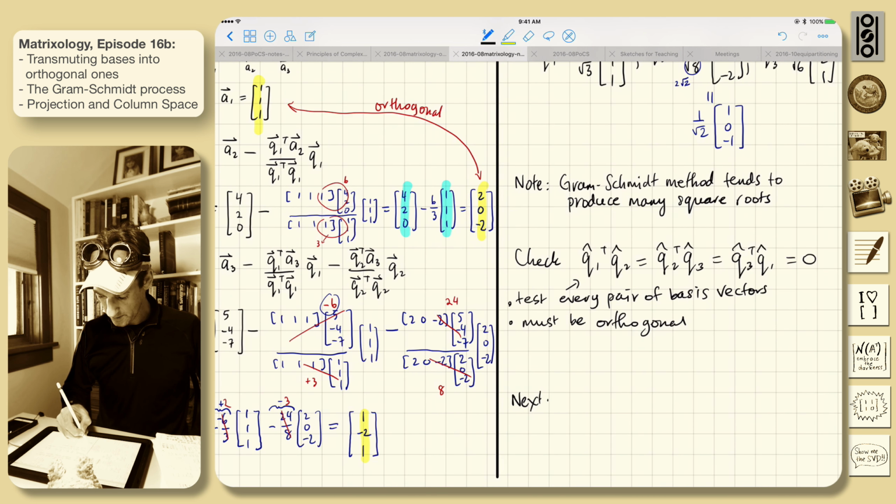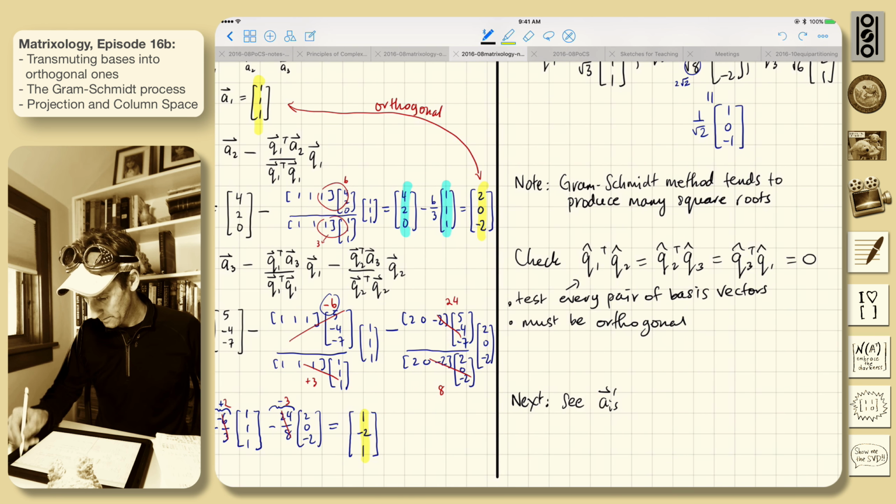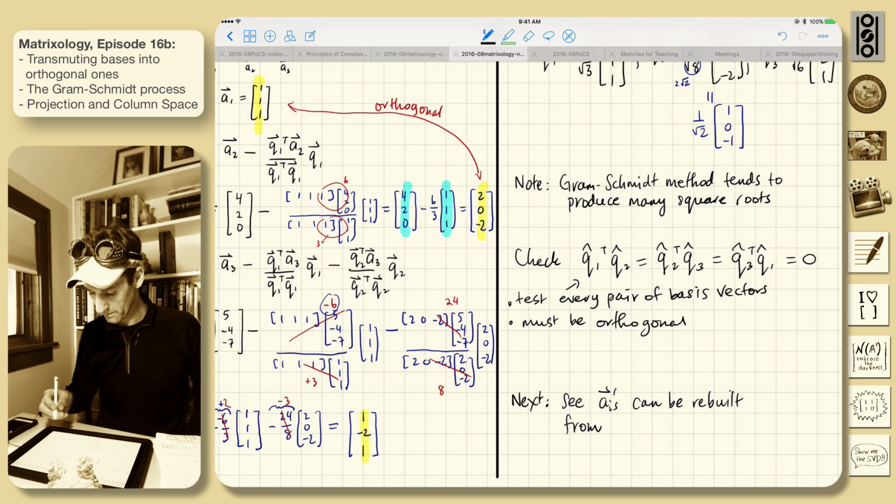Next, the A's can be rebuilt. This is often what we do, right? We break something up and then we rebuild the original thing from what we've made. Rebuilt from the Q's.